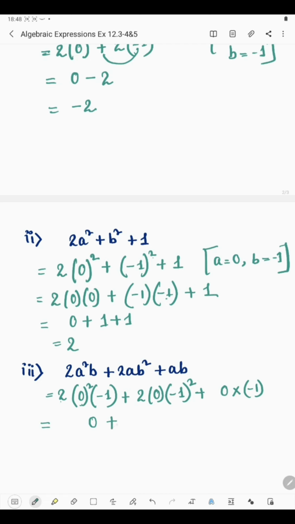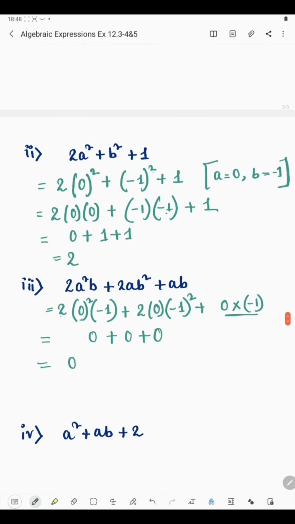Now plus, here also 2 multiplied by 0 multiplied by minus 1 multiplied by minus 1, so we'll get 0 only. Here also 0 multiplied by minus 1, so we'll get 0 again. So the answer of this part will be 0.